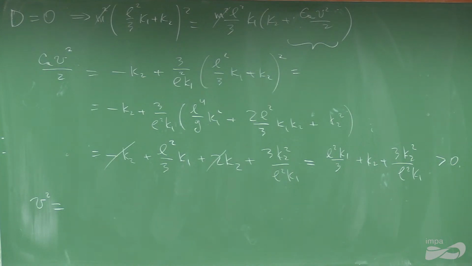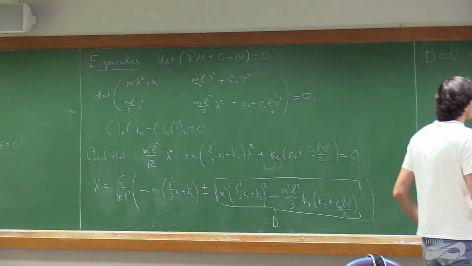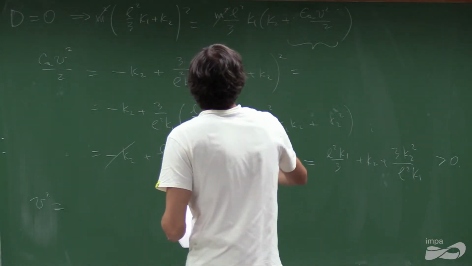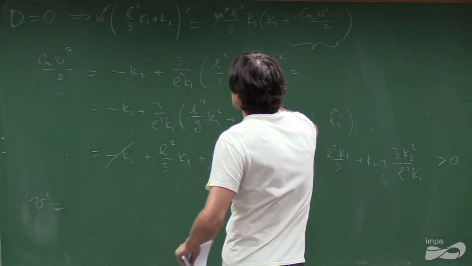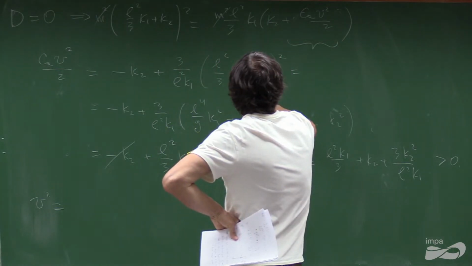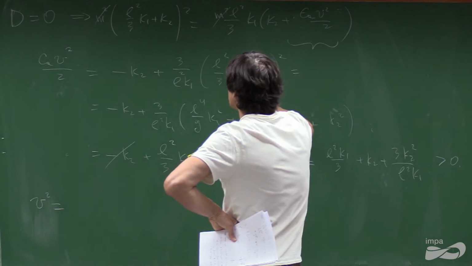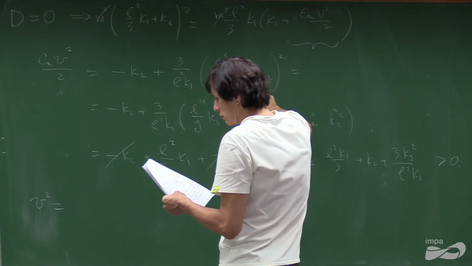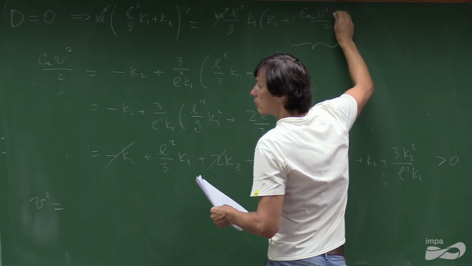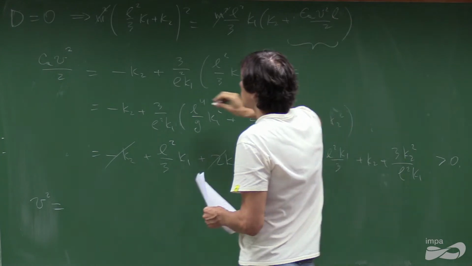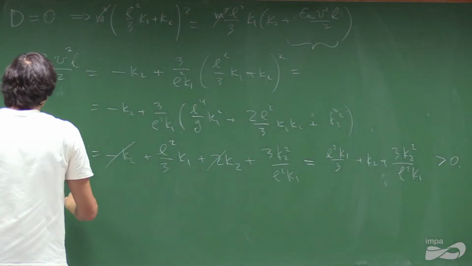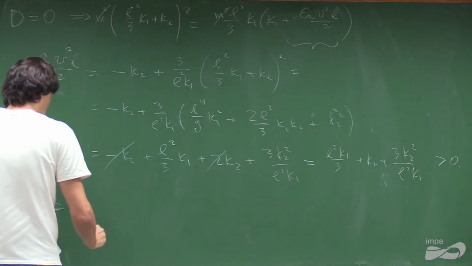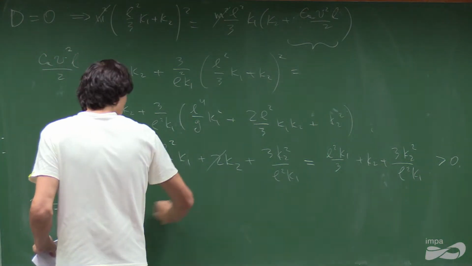Yeah, it's L. What did I do? V squared C L. Yeah, it was L. This would be 2 over C A L. And the whole set.